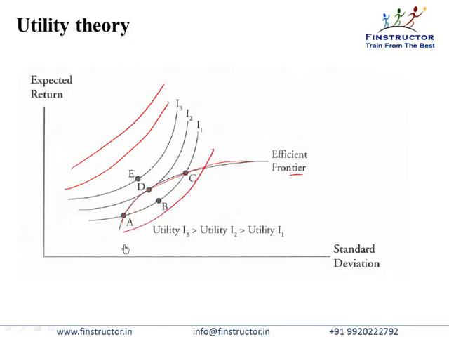So if I see all my indifference curves and see the intersection with the available portfolios, what is the maximum satisfaction that I can achieve? A I can achieve, C I can achieve, the maximum I can achieve is D. I want to have E also. E is more satisfaction than D, but unfortunately there is no portfolio available.